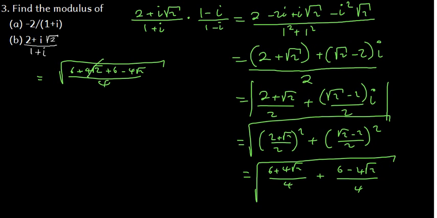So we see that this and this will cancel out, so we will remain with 6 plus 6, which is 12, and then divided by 4. Now 4 into 12 is 3, so that would be root 3. So this is the modulus of this one then.